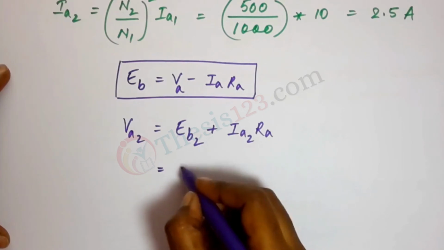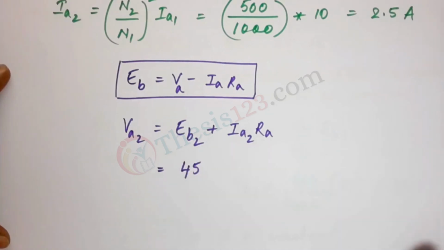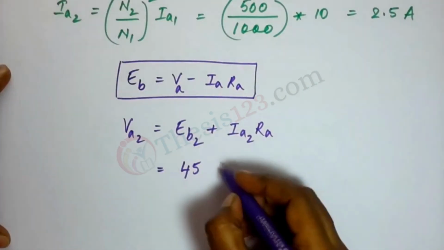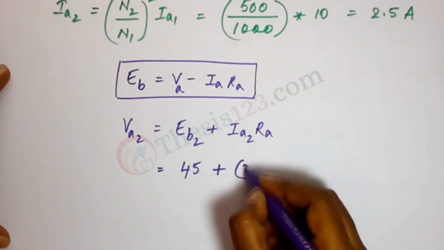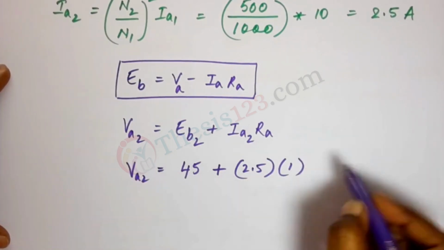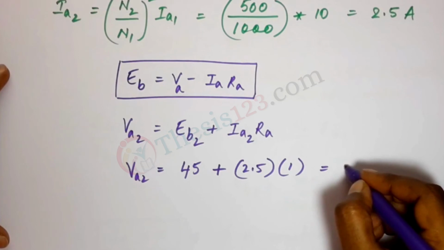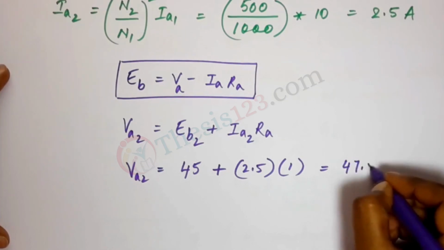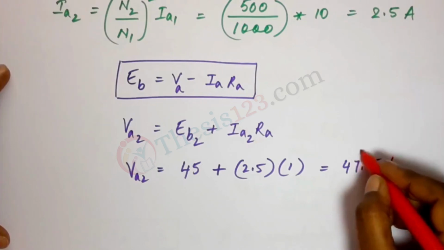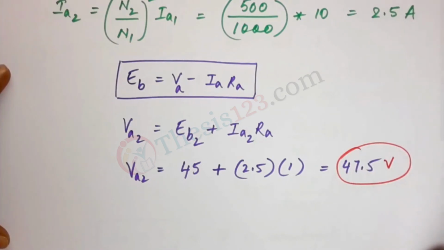EB2 is 45, that's what we have found there, plus IA2 is 2.5, RA is 1. Solving this, we get a value of 47.5. So 47.5 volts is the final answer.